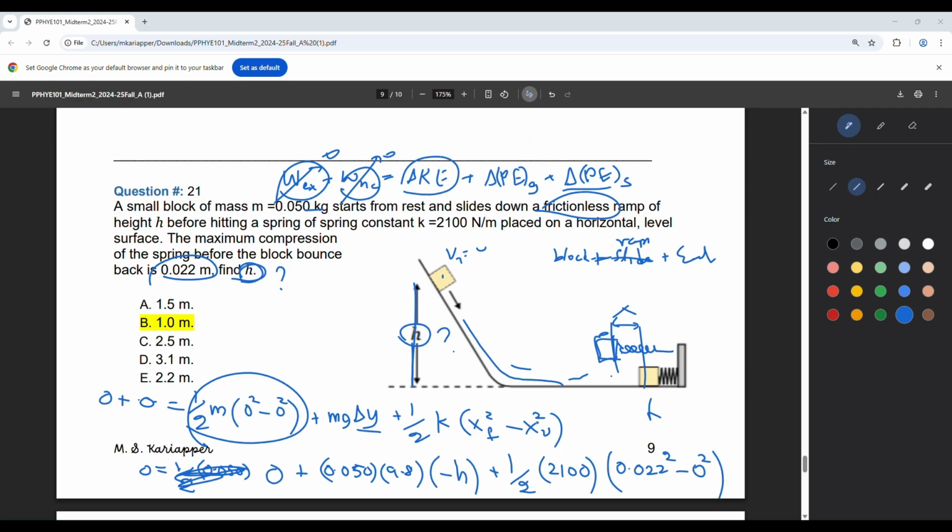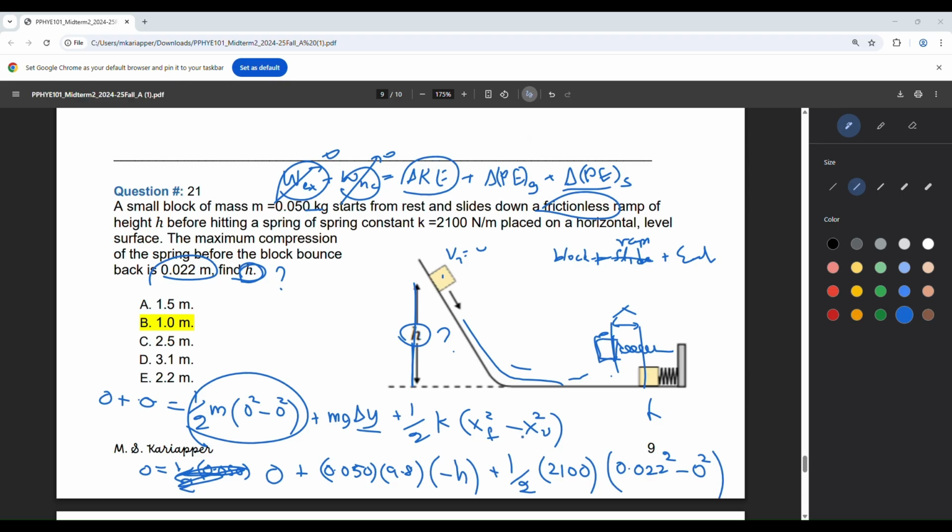When do you consider the net charge and the external force as zero? Work done, you mean? Work done. First, you get your system. Your system is the block, the ramp, the spring, and the earth. That is a system. So in this system, gravitational force is inside the system.